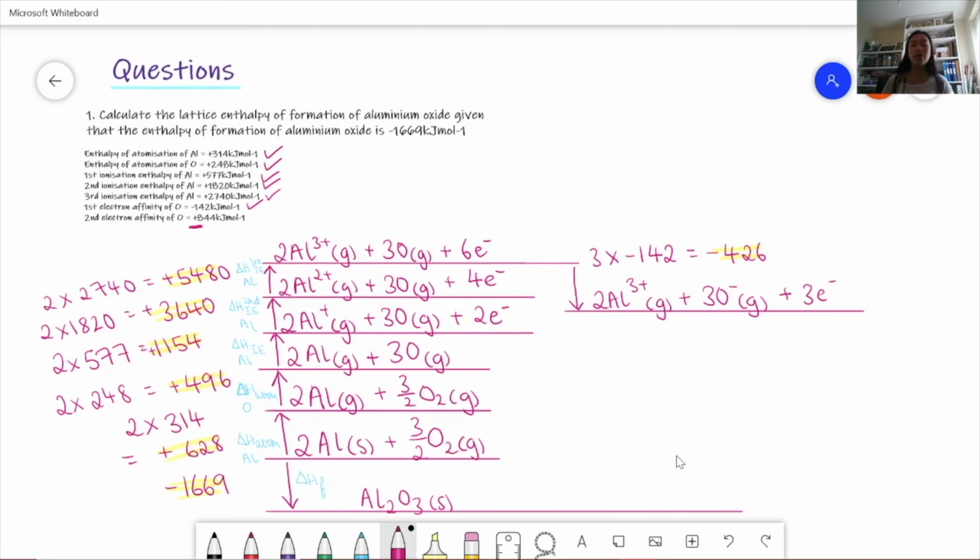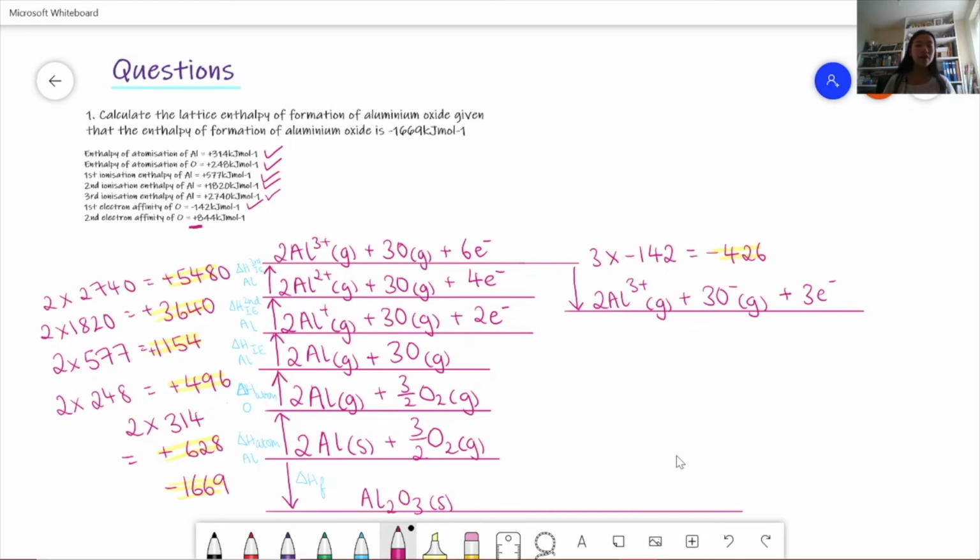And so it requires lots of energy. So energy is taken in, and therefore it's an endothermic reaction. So actually, the electron affinities, the first one is always exothermic, but after that, they're all endothermic because you're adding more electrons. We're trying to add more electrons onto an already negative ion. And so then we have a layer going up.